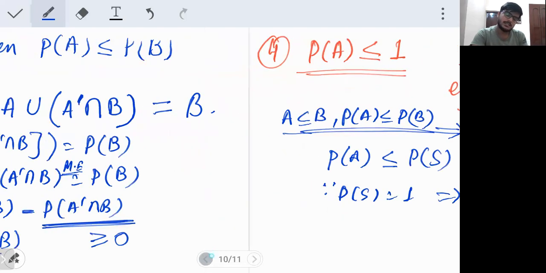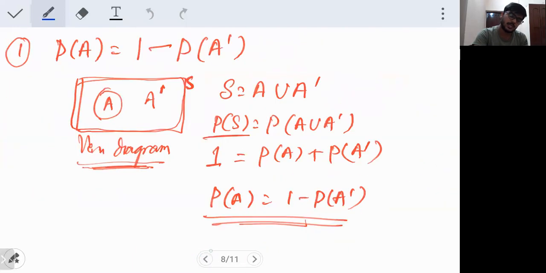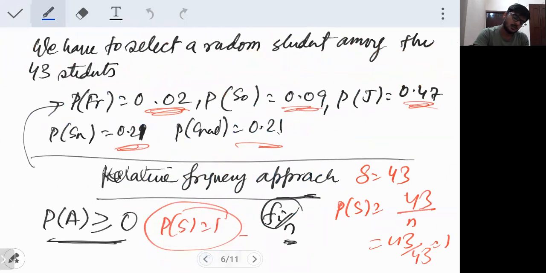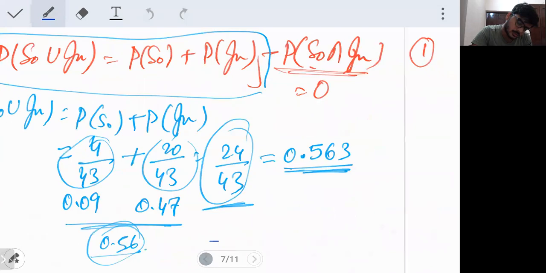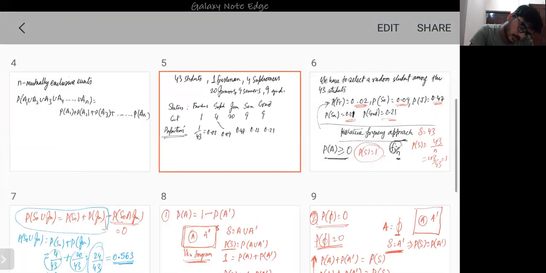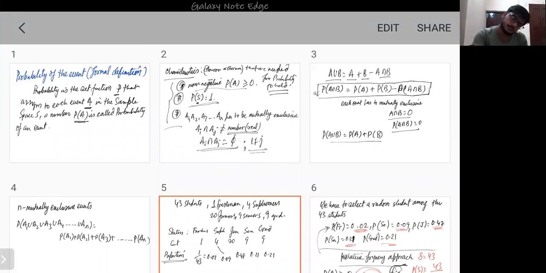Now there was an axiom, the one for mutually exclusive events that we discussed earlier. Let me just get there. Here it is.